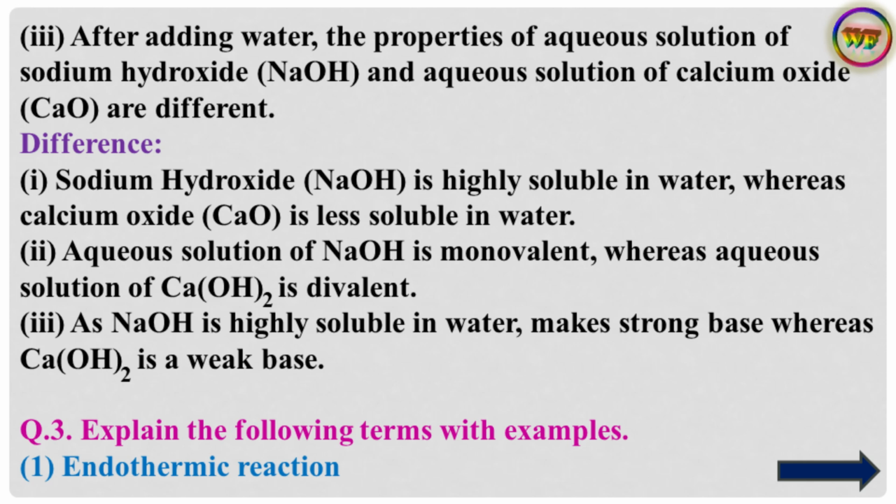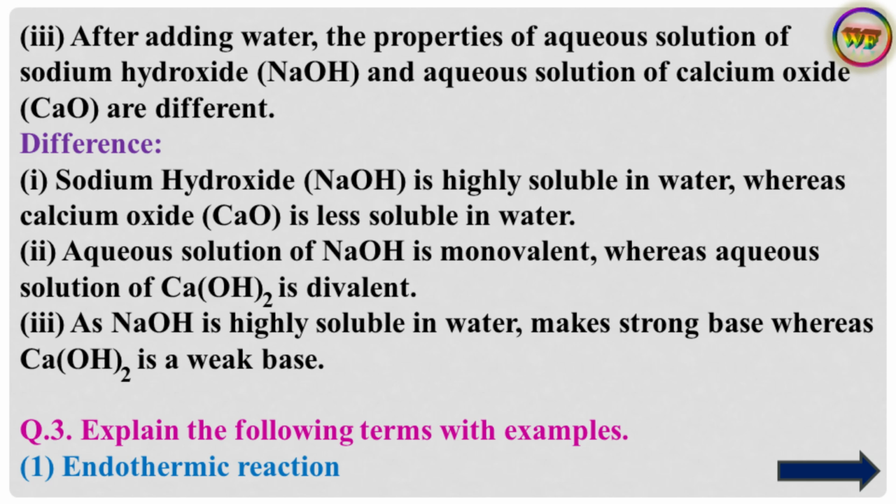Aqueous solution of sodium hydroxide is monovalent, whereas aqueous solution of calcium hydroxide is divalent. Point 3. As sodium hydroxide is highly soluble in water, it forms a strong base, whereas calcium hydroxide is a weak base.